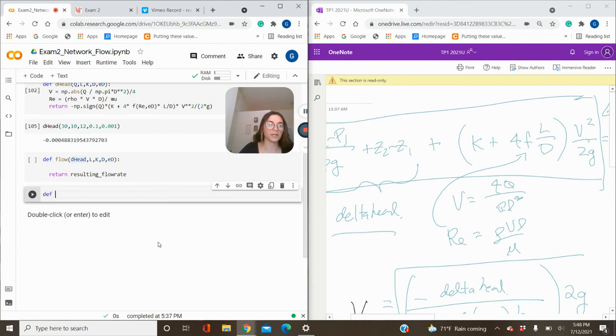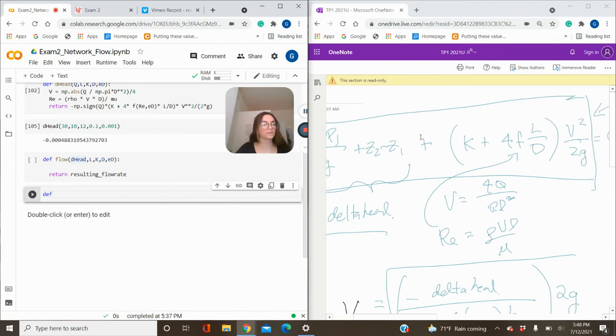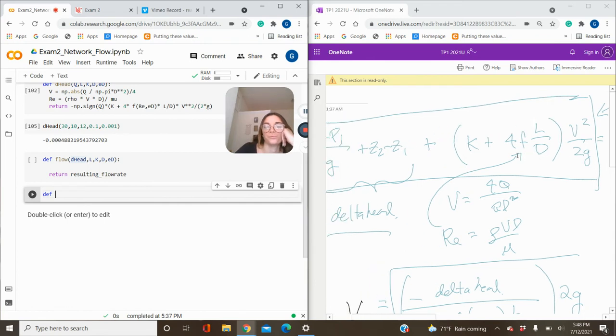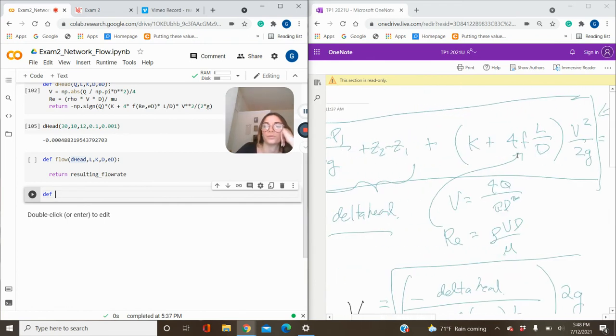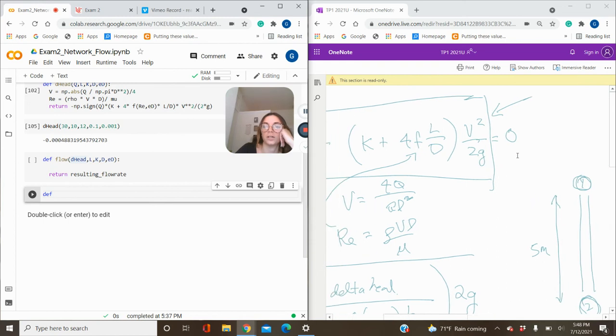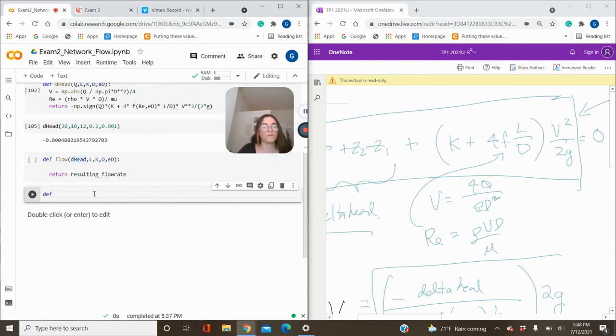And so we're going to do that by writing and defining, what do we call it, our function of our flow. That's right. Flow to 0.